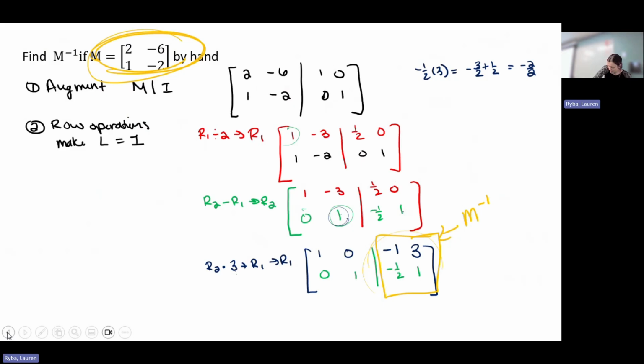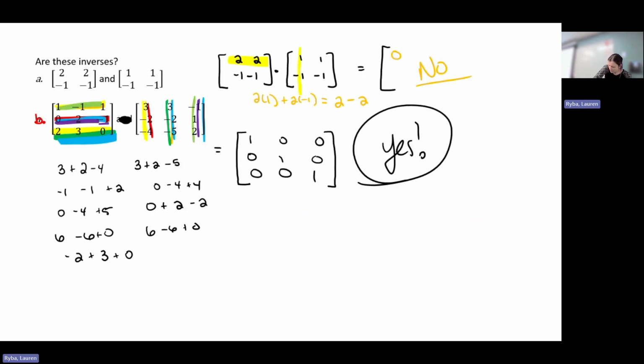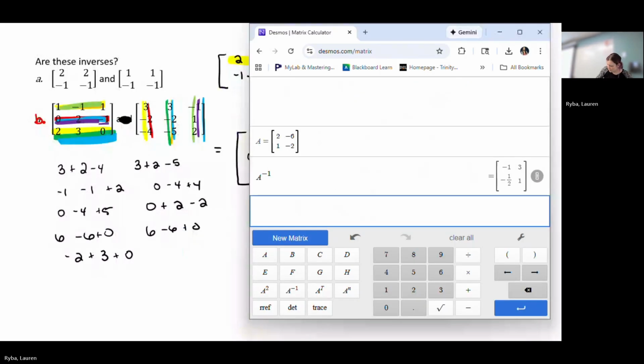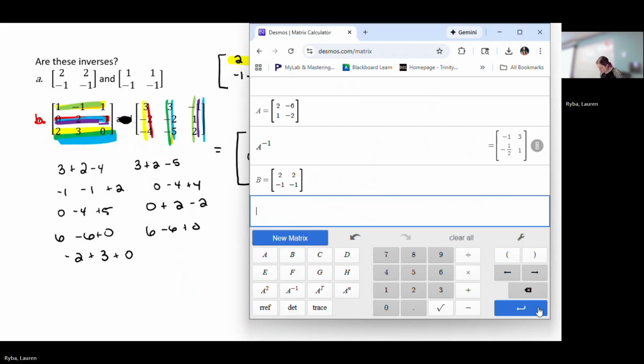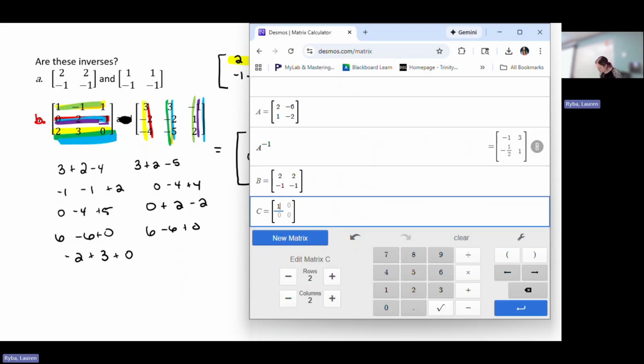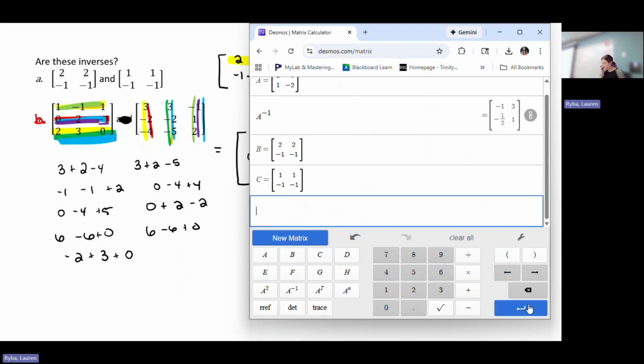Okay, if I go back to where it said, are these inverses? So 2, 2, -1, -1, and 1, 1, -1, -1.